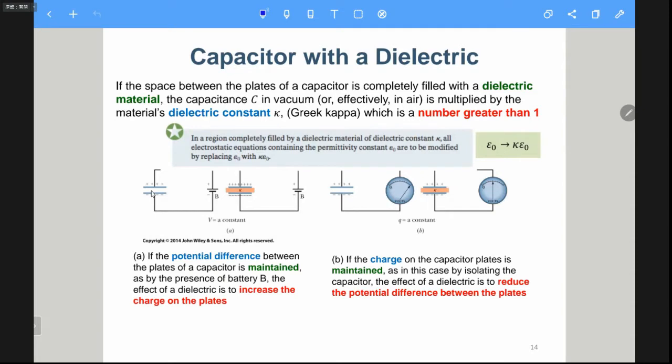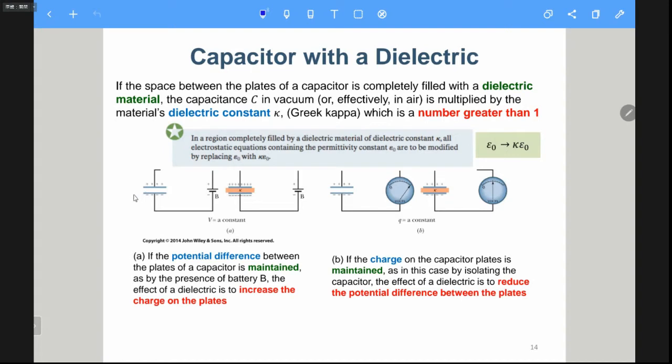For air or vacuum, the conductivity will be very, very similar, so not much difference.